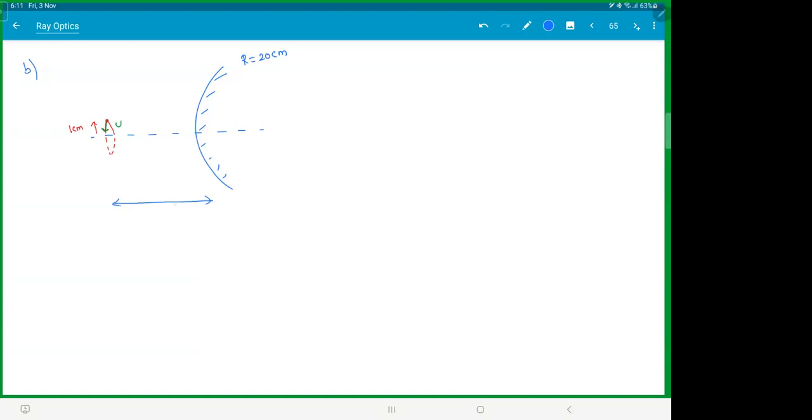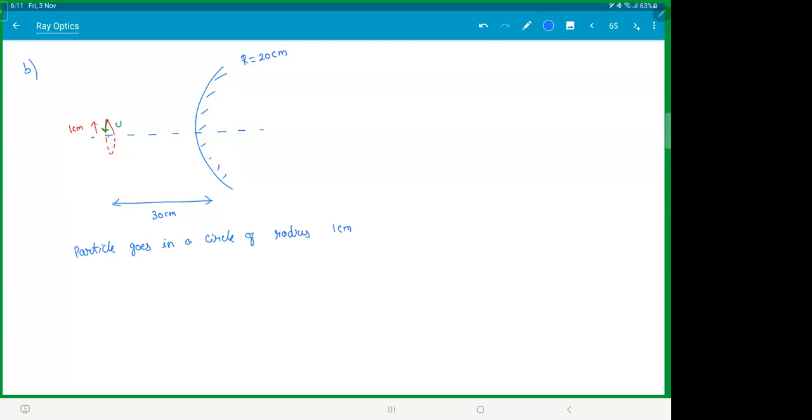This is at a distance of, let's say, 30 centimeters. The particle goes in a circle of radius 1 centimeter. The circle is perpendicular to the principal axis.